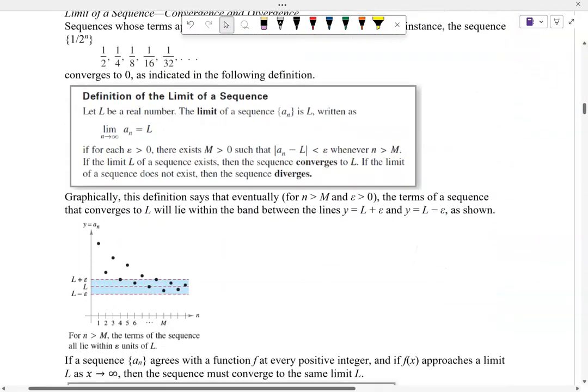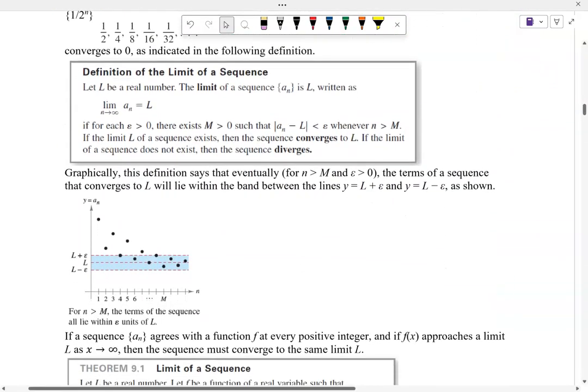All right, so the limit of a sequence graphically, and this is taking us back to the formal definition: for all epsilon greater than 0, there exists an N greater than 0, and so on, right? The formal definition of a limit. Graphically, this is saying if your sequence has a limit, then it will converge to that limit L, capital L, that's within the band, right?